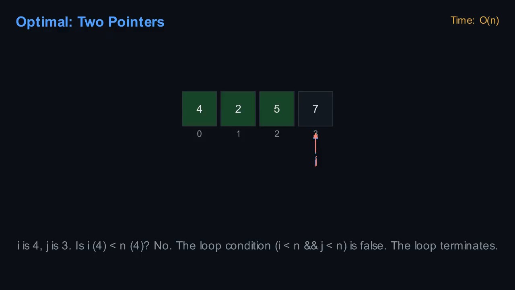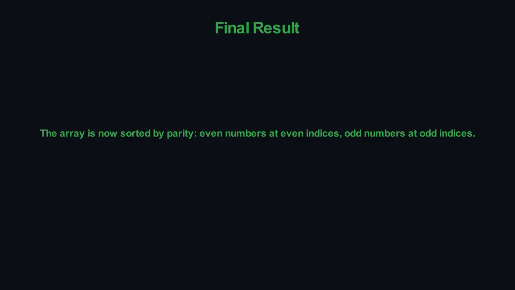The loop condition I < n and J < n is false because I < n is false. The loop terminates. And there's our final result, the array 4, 5, 2, 7. This is correct because at index 0, even, we have 4, even, at index 1, odd, we have 5, odd, at index 2, even, we have 2, even, and at index 3, odd, we have 7, odd.